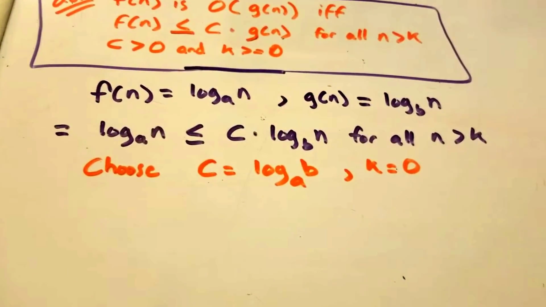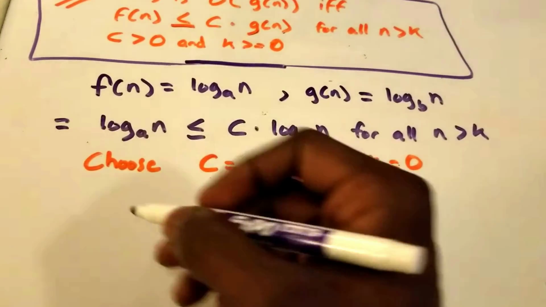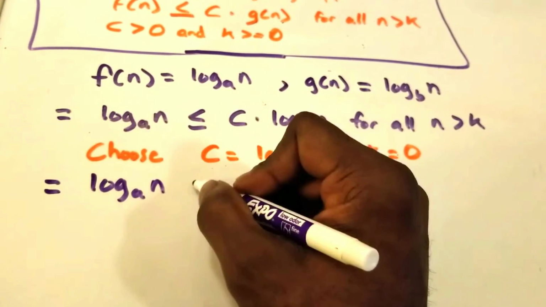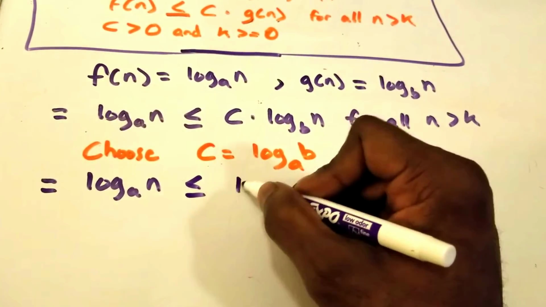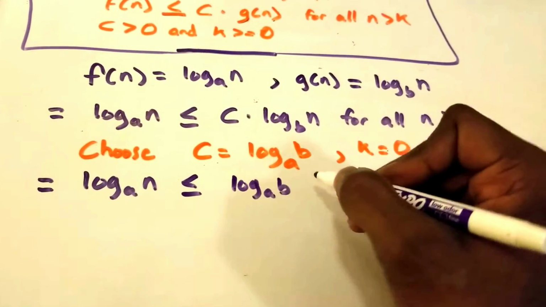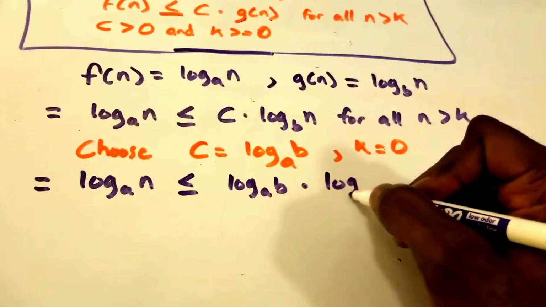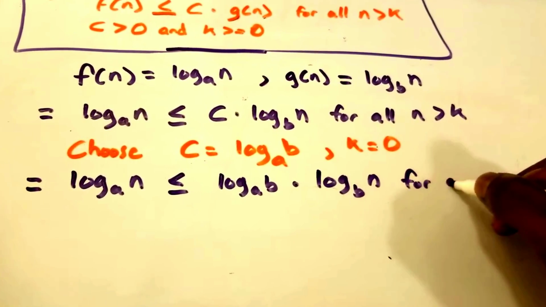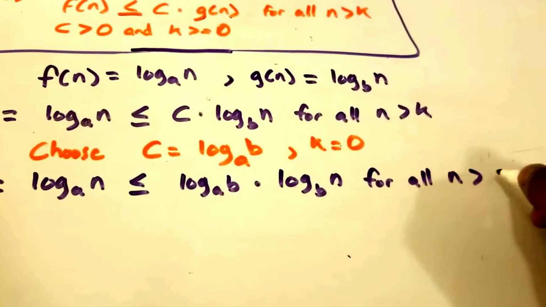All right, so now if we rewrite our equation here, we get log base a of n is less than or equal to log base a of b times log base b of n for all values of n greater than 0.